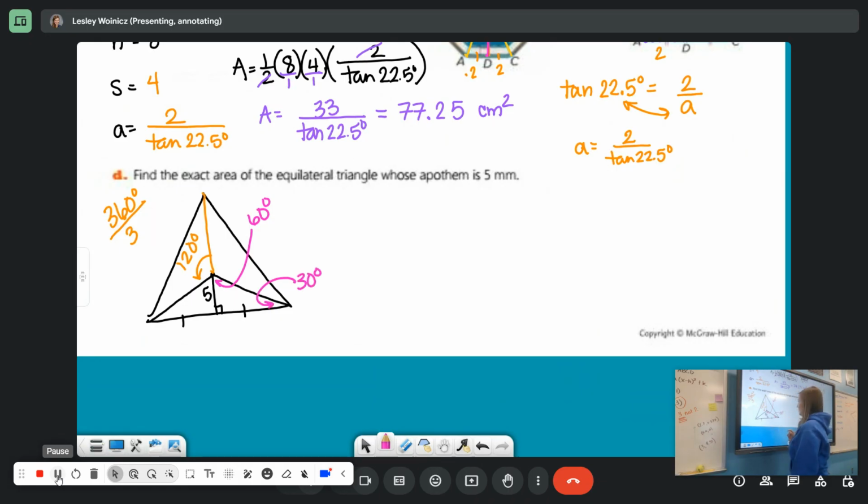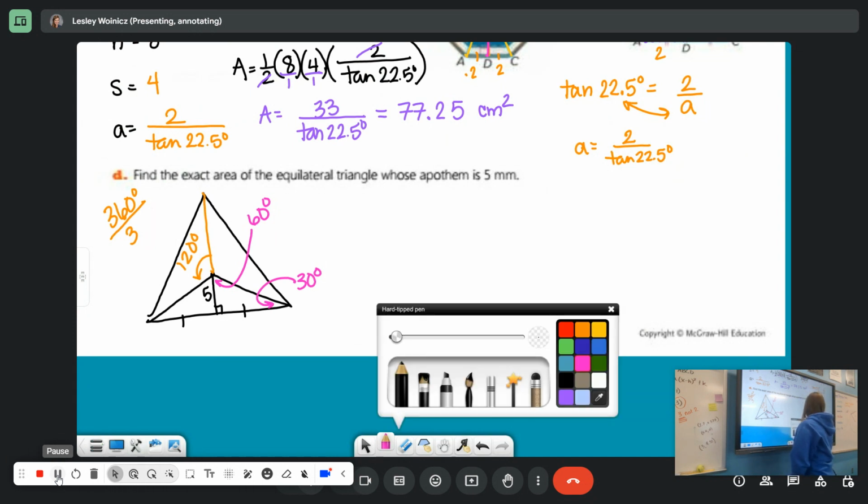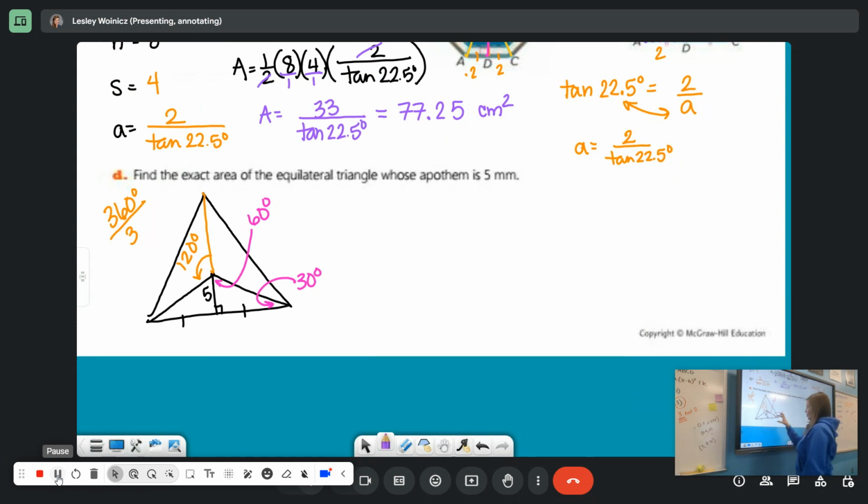So I have here a pair of 30, 60, 90 triangles. They're just oriented differently in space. So the 5 is my short leg, and I need to know my side length. So if I'm thinking about my N, I have 3 sides. My apothem is 5 millimeters.